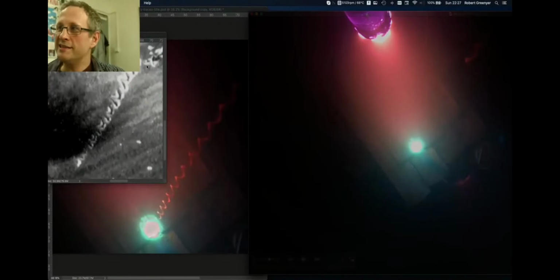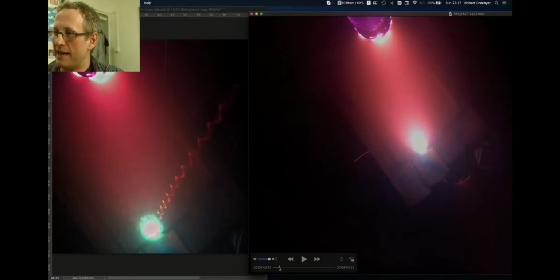I know that this is the anode, and I know that this is the cathode, and this thing is coming out. Look, it's coming out. I'm moving forward in time, and it doesn't care that the anode is up there. It's completely unaffected by it.